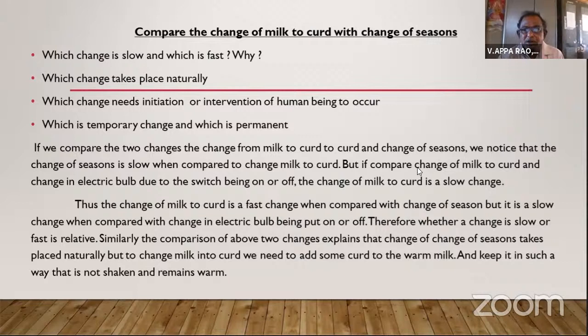But if you compare the change of milk to curd and the change in an electric bulb due to the switch being on or off, the change of milk to curd is a slow change.